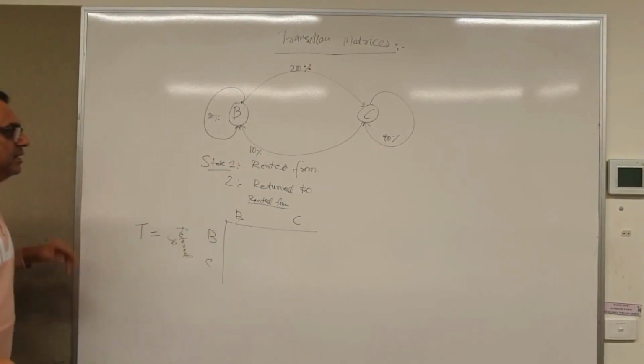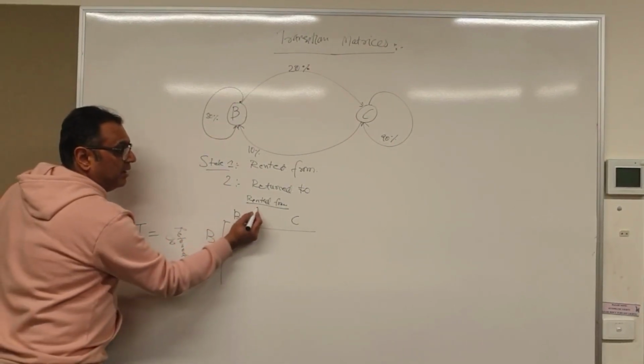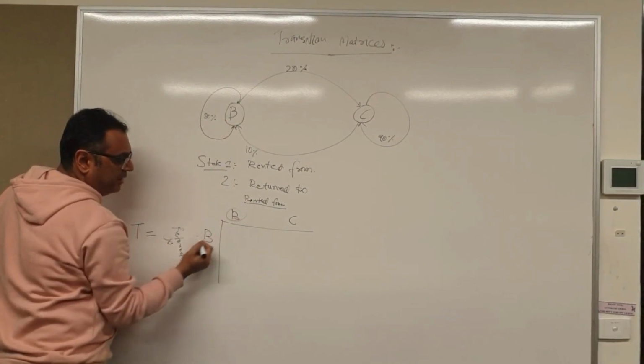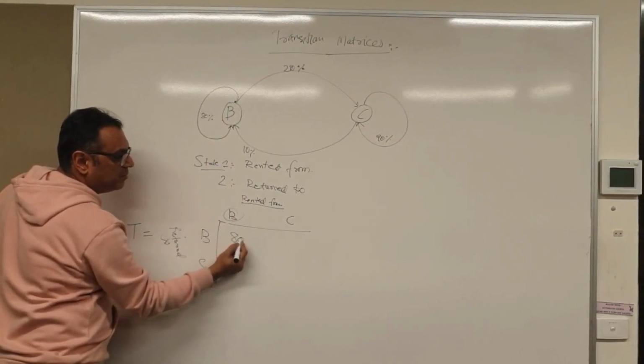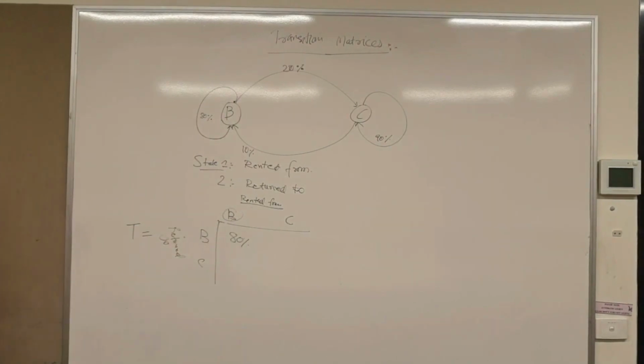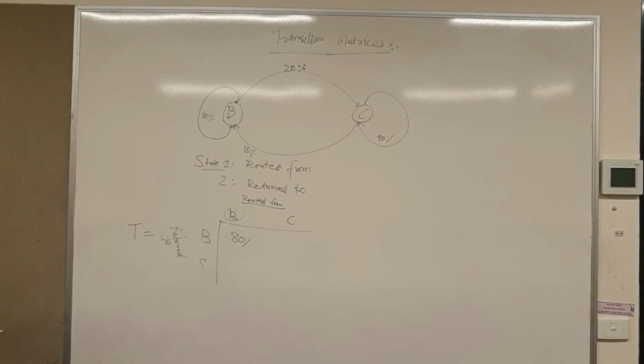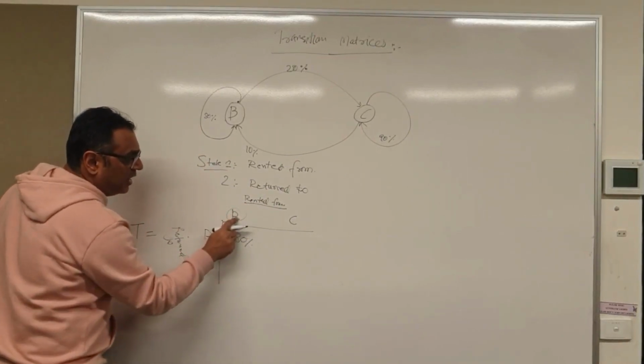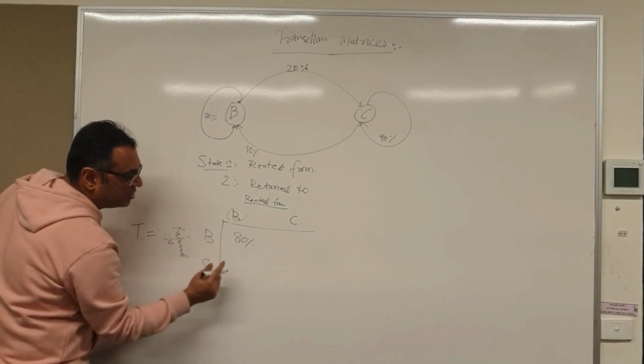So 80% are rented from Bendigo or returned to Bendigo. All good, Mitchell? And remaining 20% are rented from Bendigo, returned to Colac.